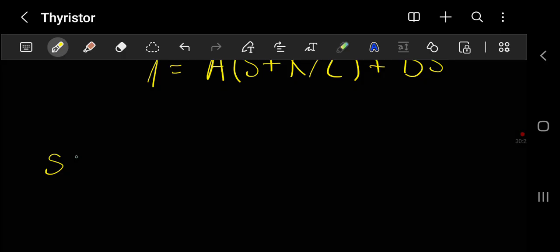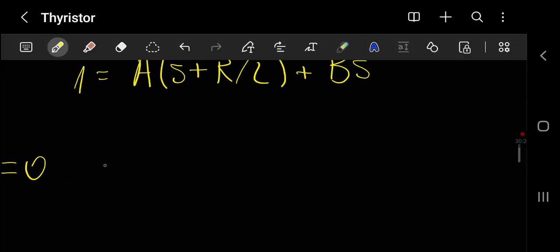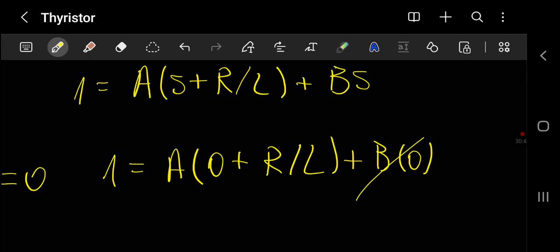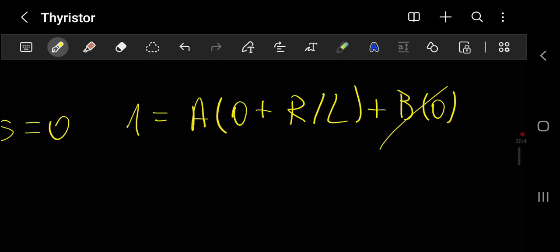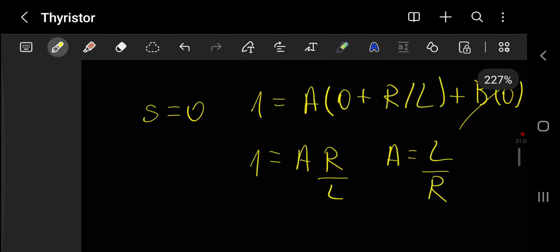So if we say S is equal to 0, we're going to obtain 0, and this way we cancel B, and A is going to be L over R.